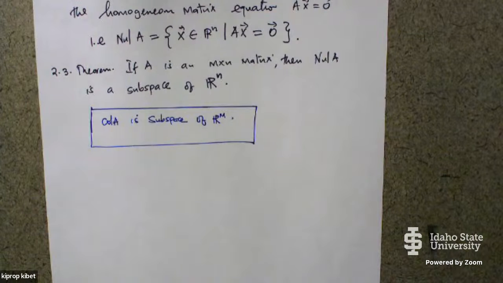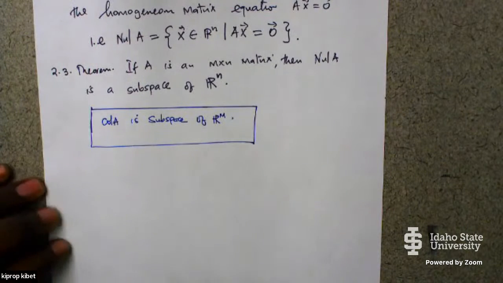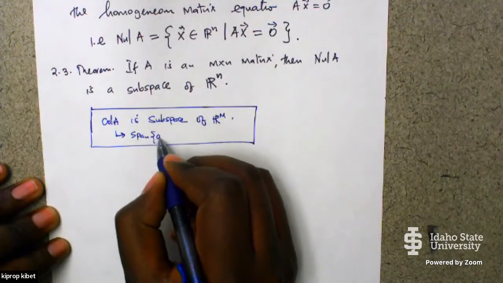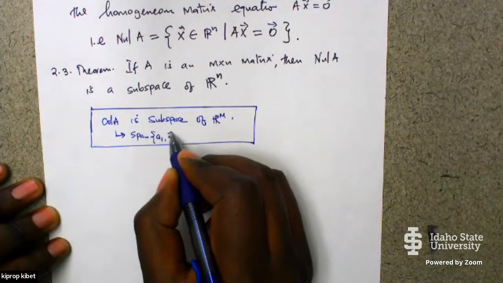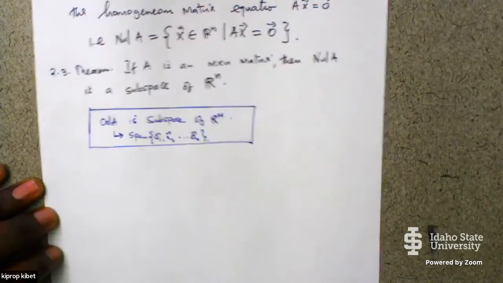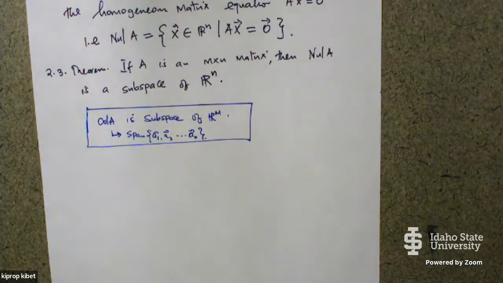The column space is the span of the vectors A1, A2, all the way to AN. The vectors that give you consistency, when you reduce the augmented matrix, are the ones which are the column space.